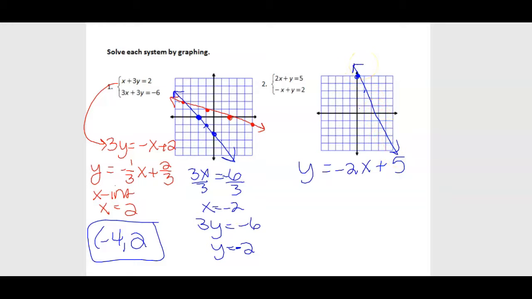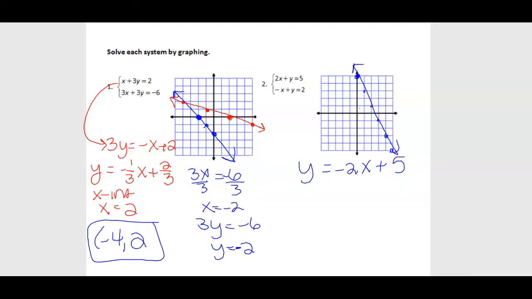And what you'll notice is I plot a lot more points than I used to. The reason I'm plotting so many of these points is because if you're going to solve this system by graphing, you need to make sure your graph is really accurate, meaning that you find the exact point of intersection.